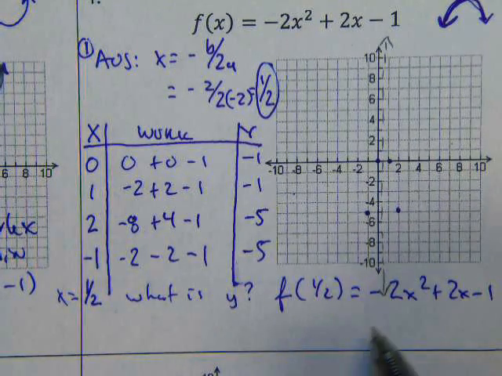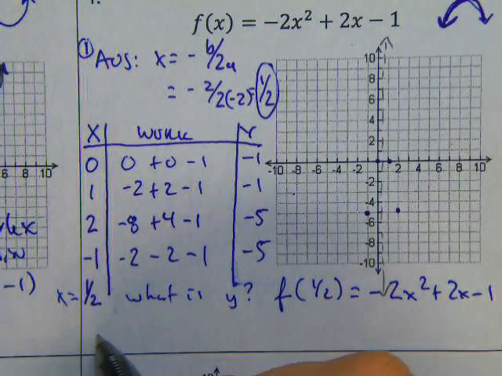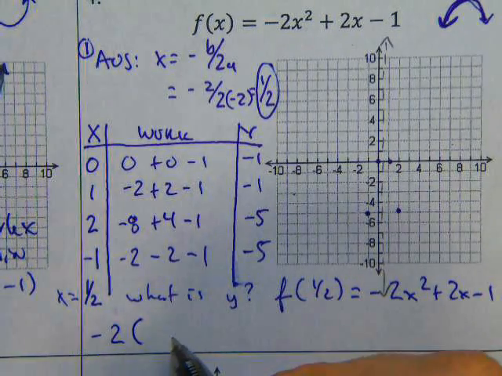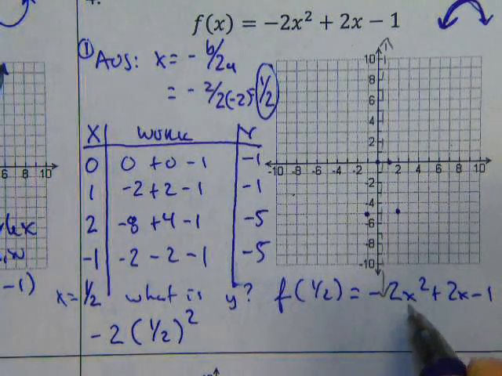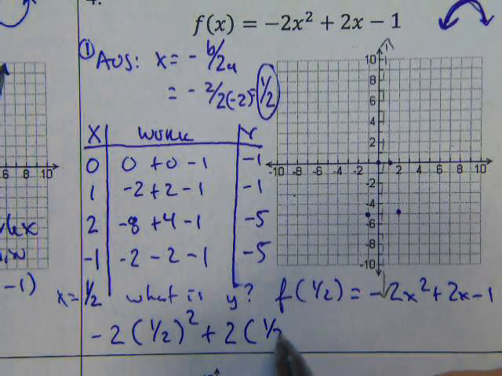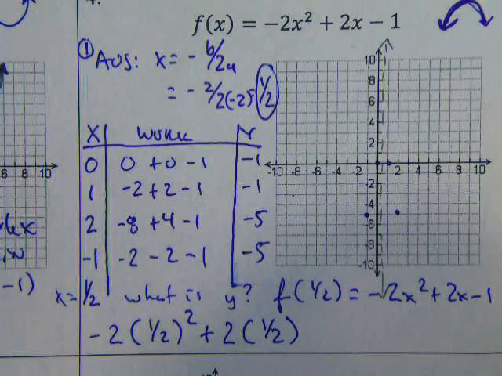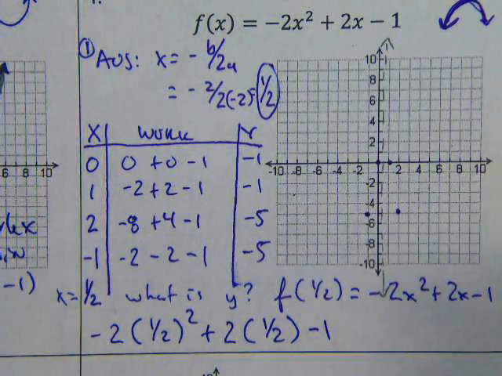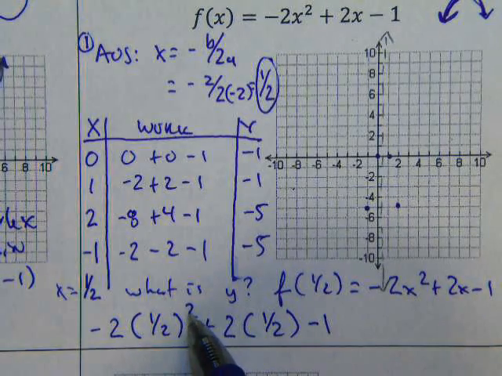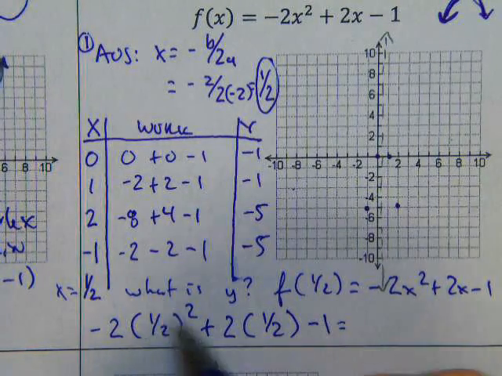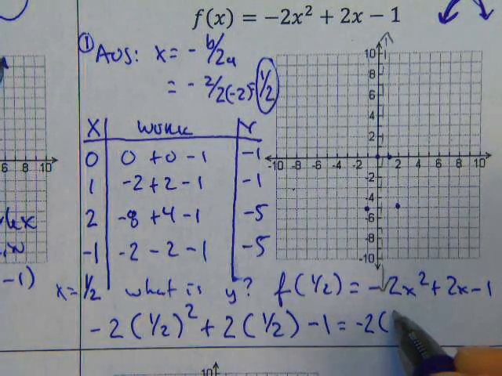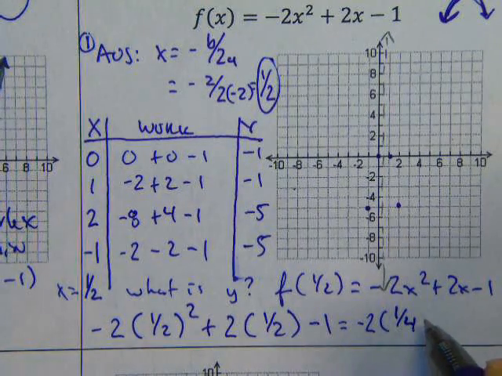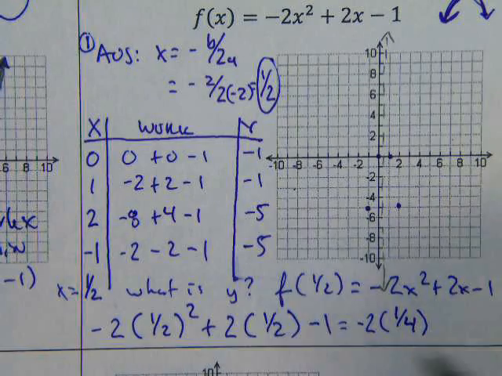And I'll start that over here. So I've got negative 2, and I put 1/2 in for x and square it. Plugging that in right there. And we've done this before. It's been a bit, but we've done it. Okay, and then I've got minus 1. And when I square the top and the bottom, I get negative 2 times 1 squared is 1, 2 squared is 4, so 1/4. 2 times 1/2 is 1, and negative 1 is just negative 1.